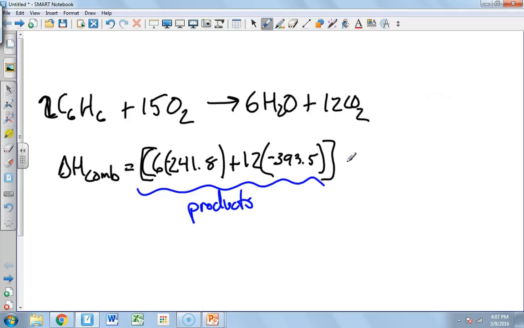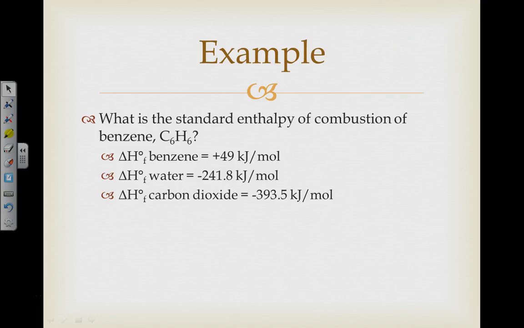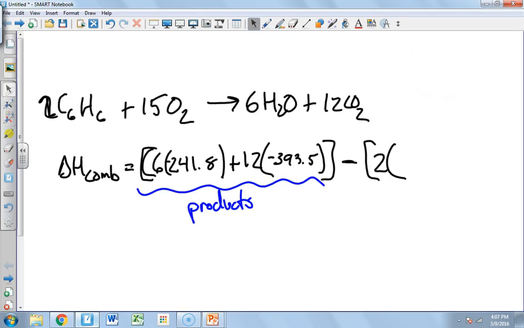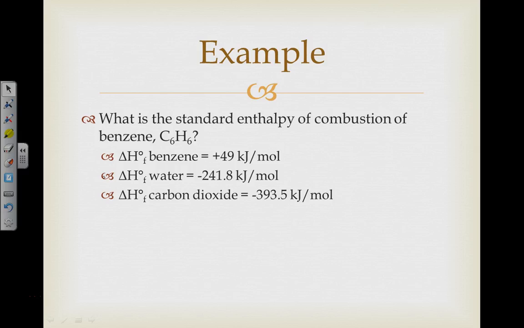Now it's products minus the reactants. So now we have to do the same thing for the reactants. So it's 2 times the delta H of formation of this guy, which is plus 49, and then plus 15 times, oh wait, the delta H of formation of oxygen is not there.